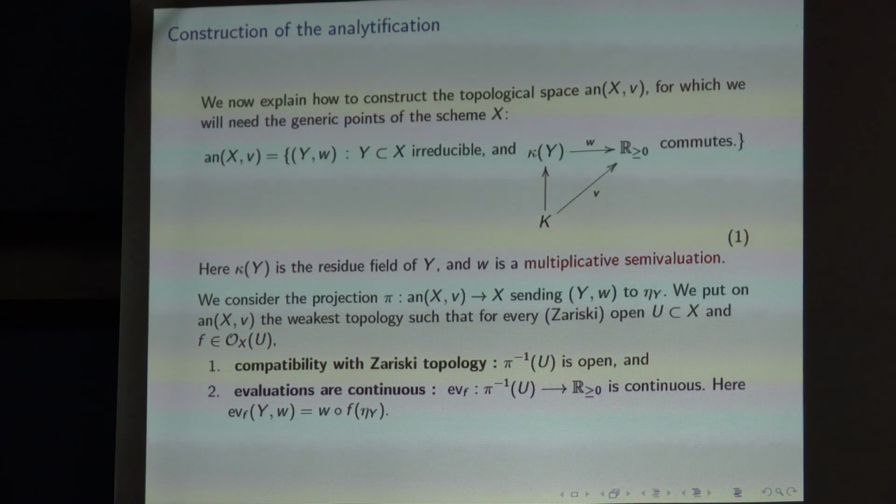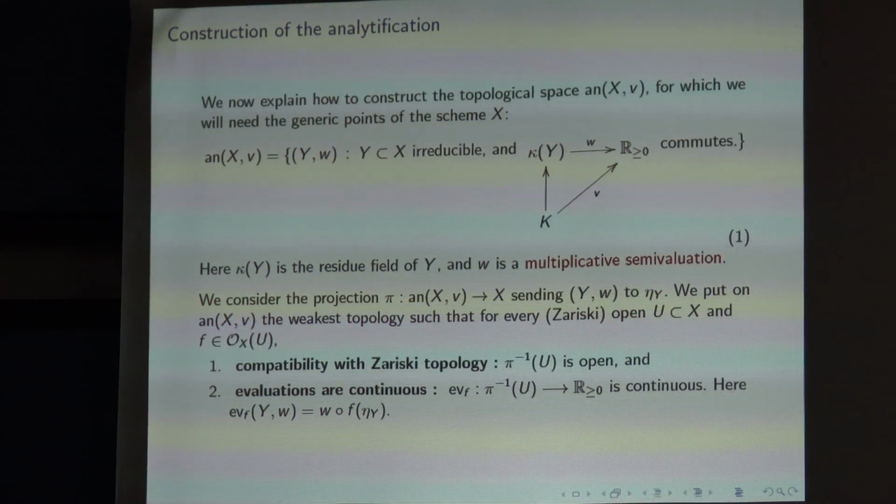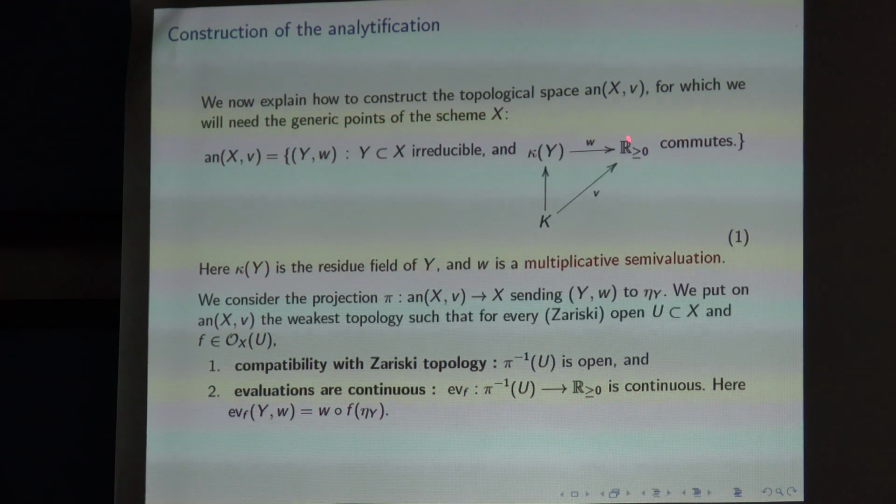So the analytification is just the space of pairs. You take an irreducible subvariety of your scheme, and then you take some special functions which go from the residue field of your variety, of your subvariety. This, of course, exists because this is irreducible. So you just take some special functions which commute with the information that you already have in your field.